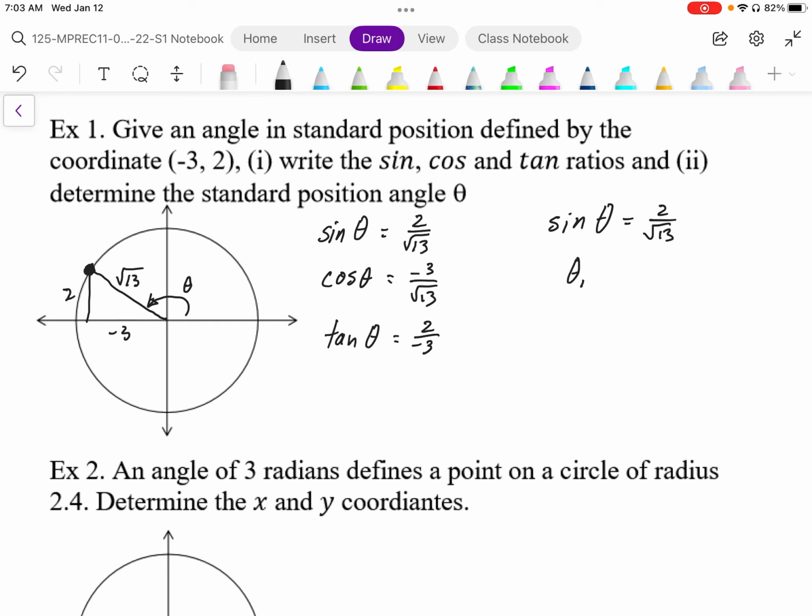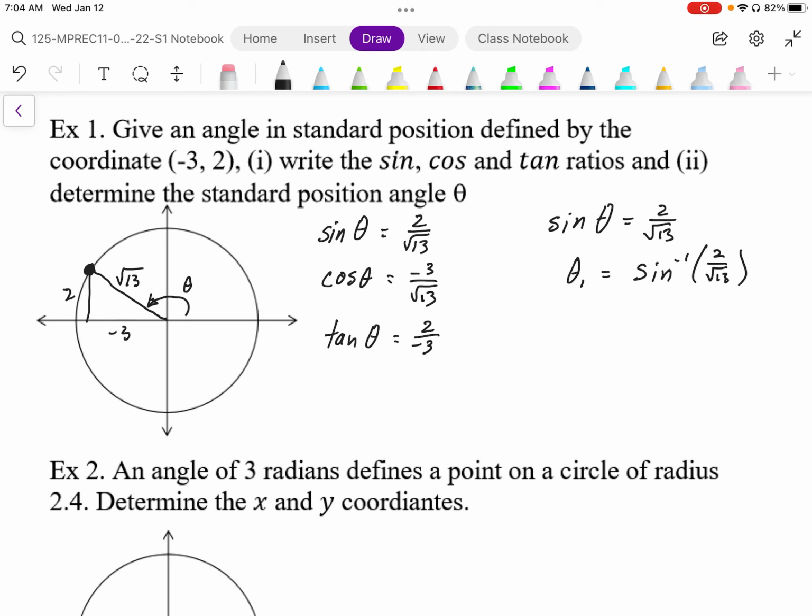So I'm going to say that the angle theta is equal to the arcsine of the ratio 2 over √13. And here I need a calculator. My calculator is going to do the inverse operation here. I apply the arcsine of 2 over √13, and I get 0.588.